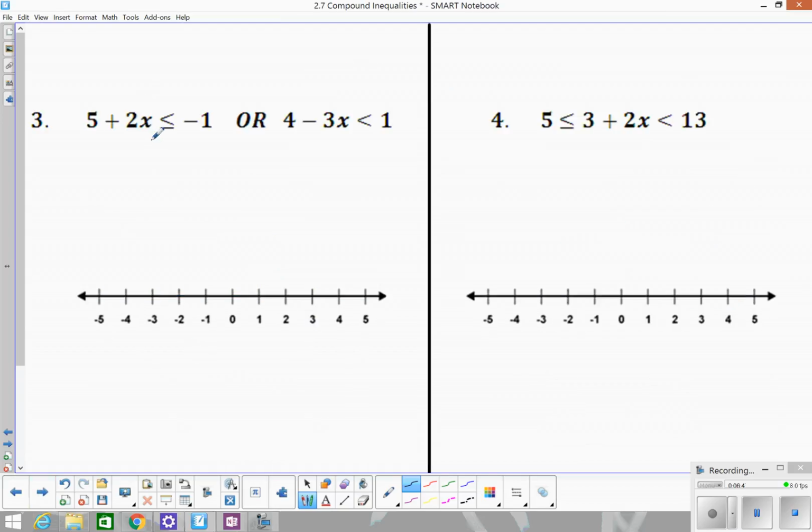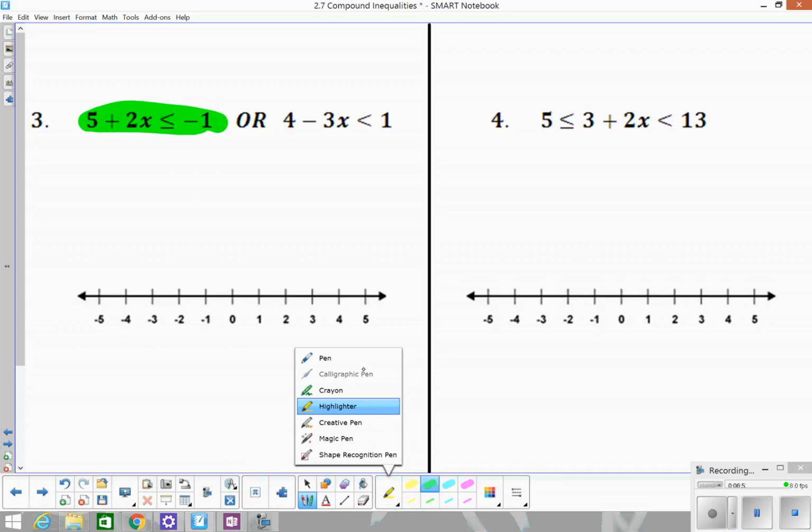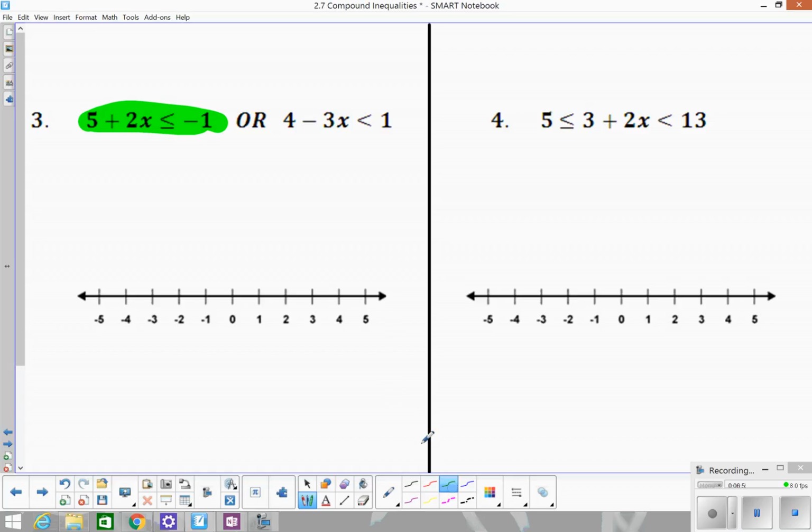Okay, so if I'm just looking at my left one right here, first thing I want to do is isolate the x. So I'm going to subtract 5 from both sides. I'm going to have 2x is less than or equal to -1 minus 5 is -6.